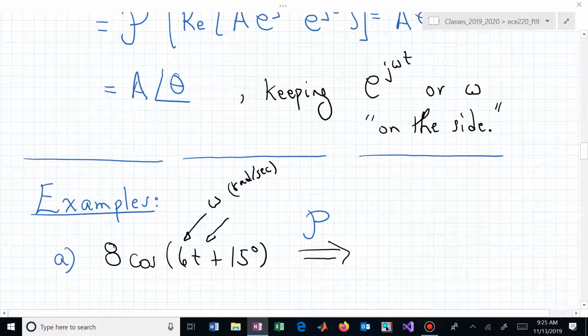Time is in seconds. So that first term is in radians. But it's just convention to let that offset be an angle in degrees, or sometimes it's in radians. You just have to know, and if your calculator is set up to always be using degrees, then you need to make sure that the two terms in that argument are compatible. They're both in degrees before you add them. Otherwise, you'll get the wrong answer.